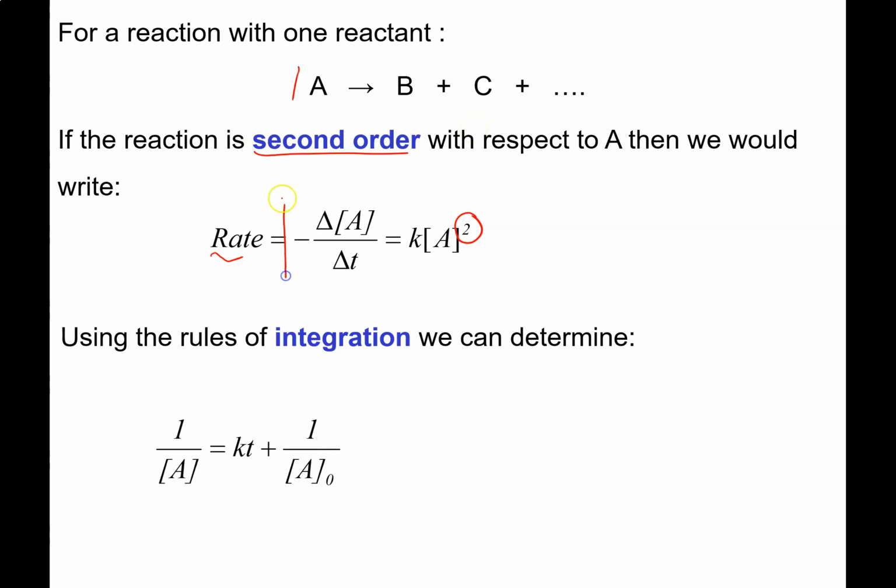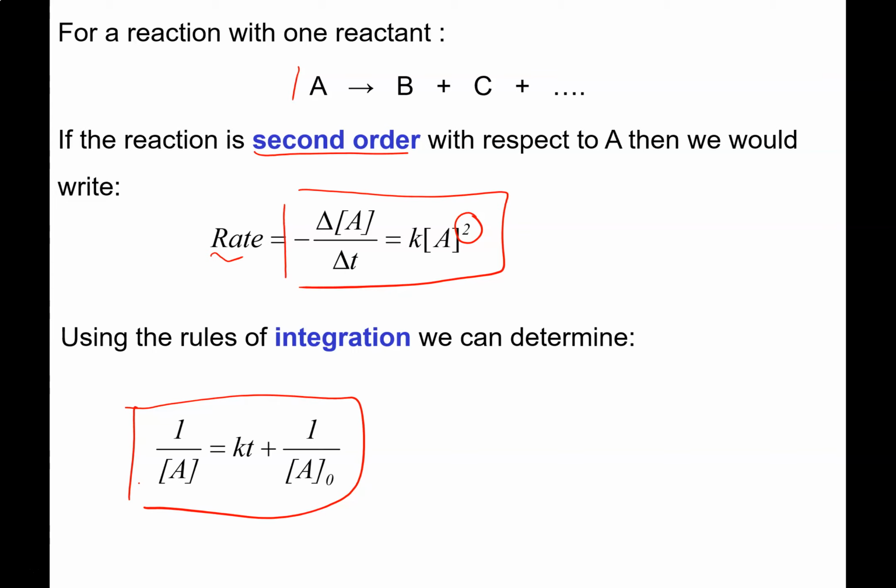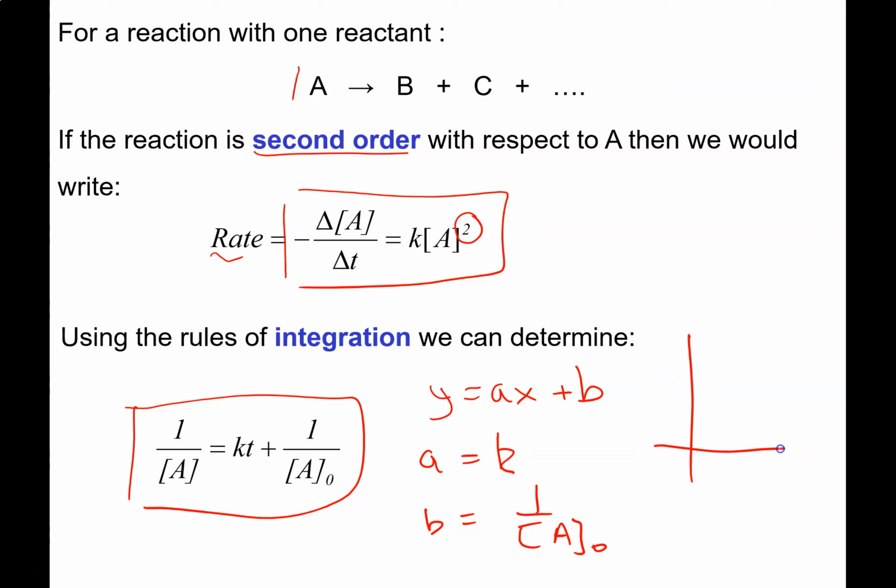Now, if I integrate those two terms, I arrive at the integrated rate law for a second order process. And this is of the form y equals ax plus b, where my slope is equal to k, my intercept is equal to 1 on A naught when I'm plotting 1 on my concentration against time.